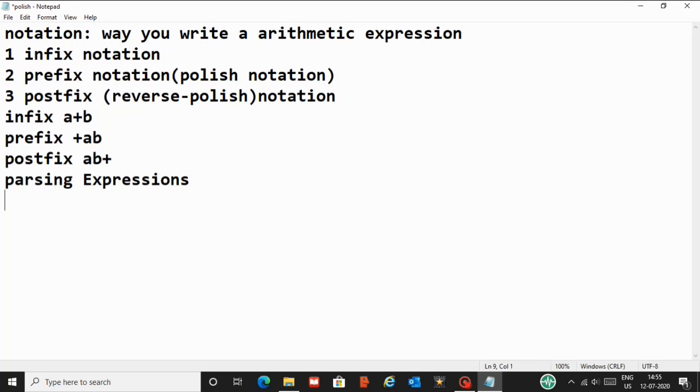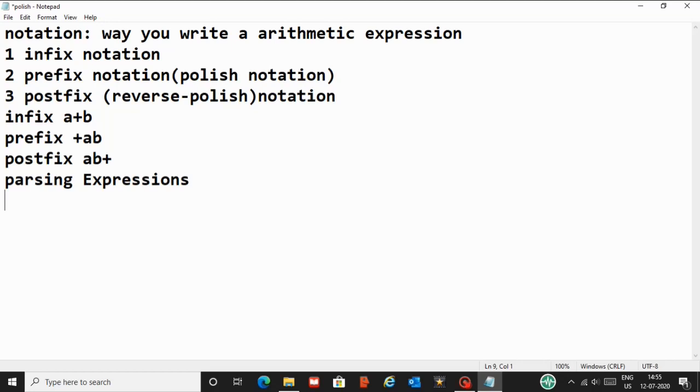So first, the infix expressions or notations are converted into either postfix or prefix notations and then computed.